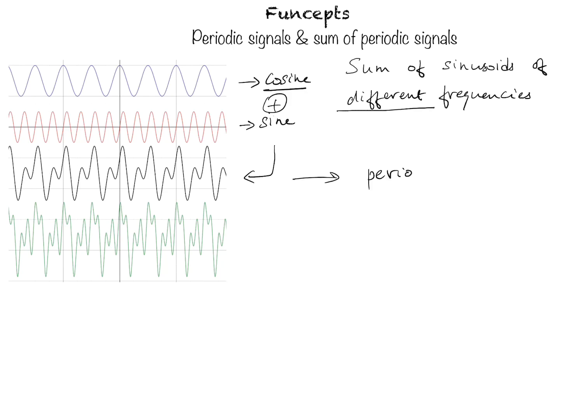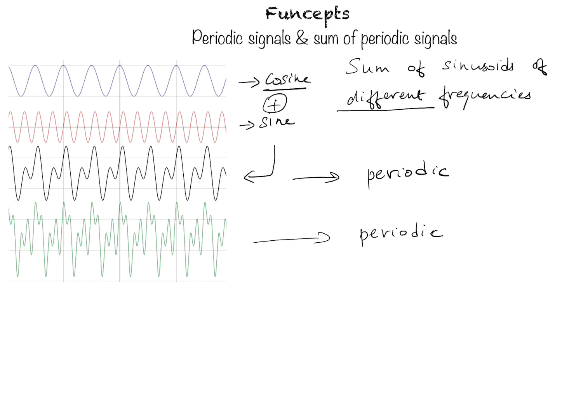If you look at this waveform, it starts at a certain point here and completes a pattern in a certain duration of time. And so is the case with this green waveform. This is also periodic.